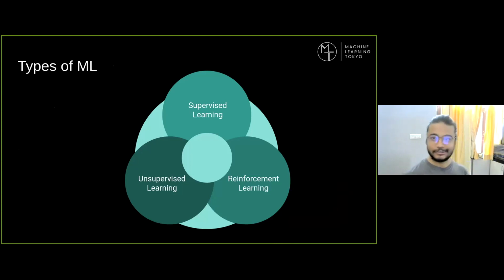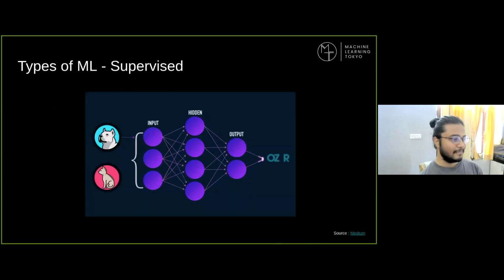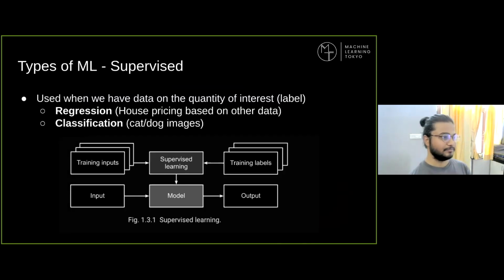Types of machine learning. So by the way, there are a bajillion types of machine learning, but broadly speaking, there are three major ones: supervised learning, unsupervised learning, and reinforcement learning. In supervised learning, as the name suggests, we are supervising our model, right? The way we are doing that is by giving them labels, right? So we give them inputs as well as labels.